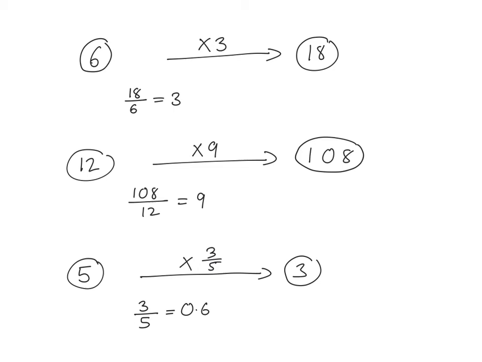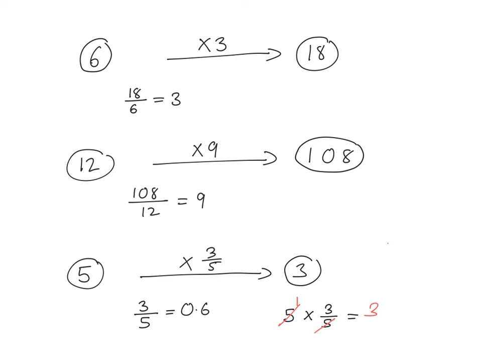Now, does this work? If I multiply the multiplicand 5 by the multiplier 3/5, do I get the answer, the product of 3? Well, yes we do. How? Well, 5 divided by 5 is just 1. 1 times 3 is 3. Now, I understand that some of you are more comfortable with writing the 5 over 1.